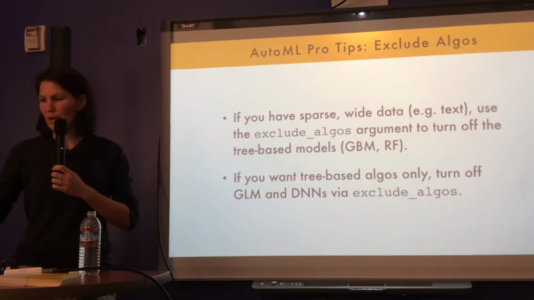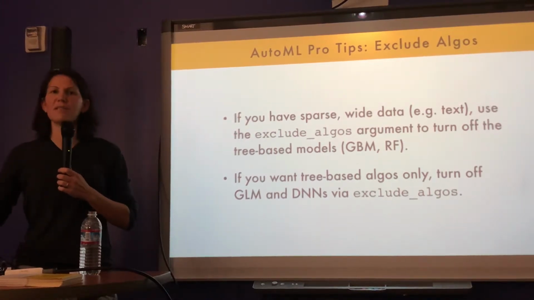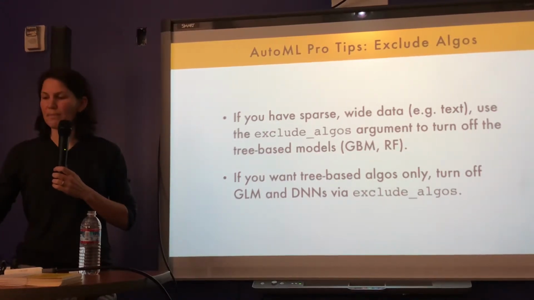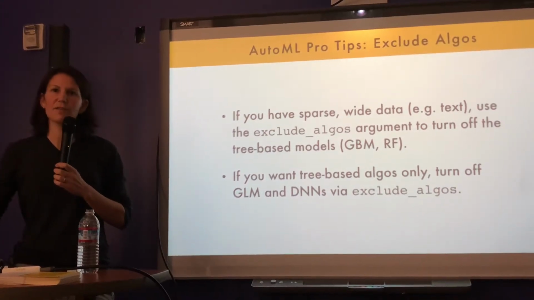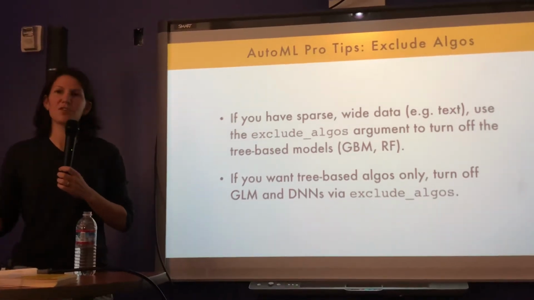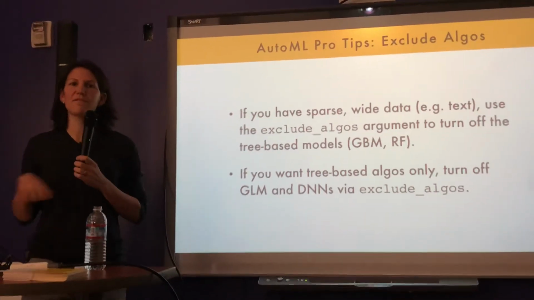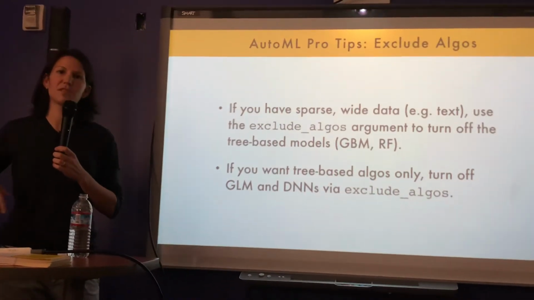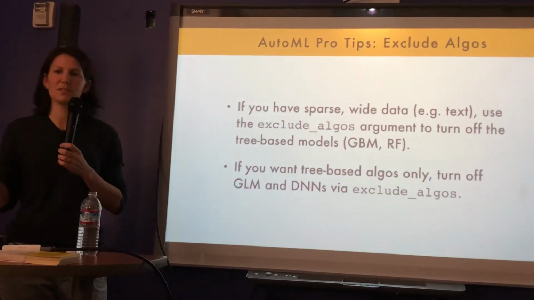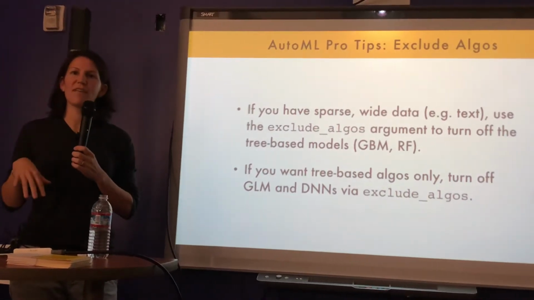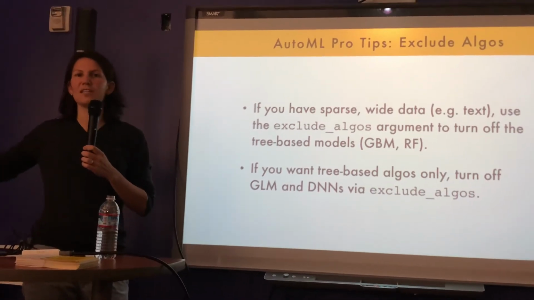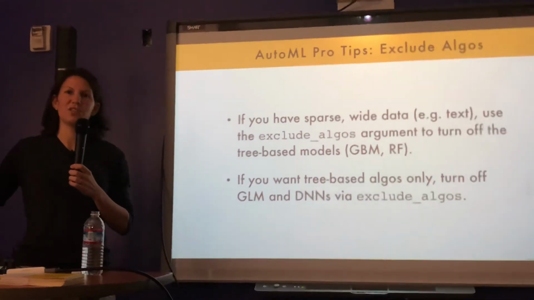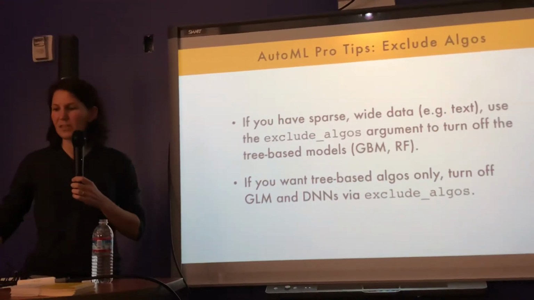Right now we train all the models that we have in AutoML. If you're a more sophisticated user and you have a preference for certain algorithms, you can turn different algorithms on and off. If you want to turn off the GLMs or the deep learning and just do tree-based algorithms, you could do that. Or conversely, if you have really wide, sparse data and you feel that GLMs or deep learning are better, you could turn off GBMs and random forest.